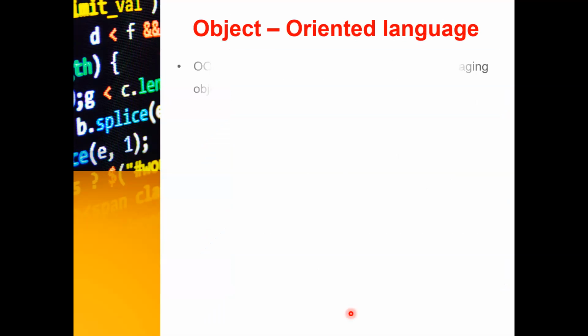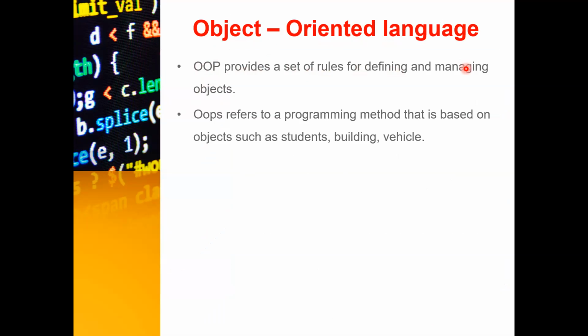And the third one is object-oriented languages, OOP. Object-oriented programming languages provide a set of rules for defining and managing objects. Clear? Basically, this refers to programming methods based on objects like students, buildings, vehicles.